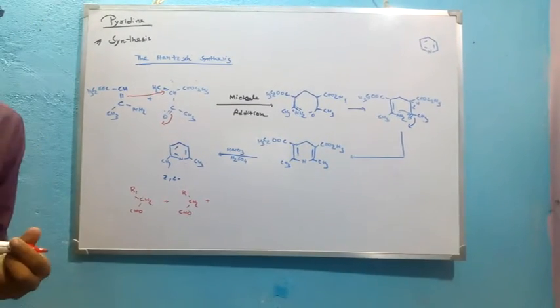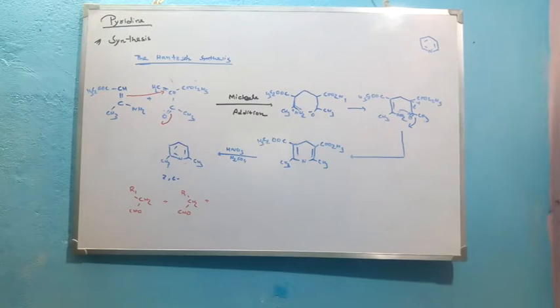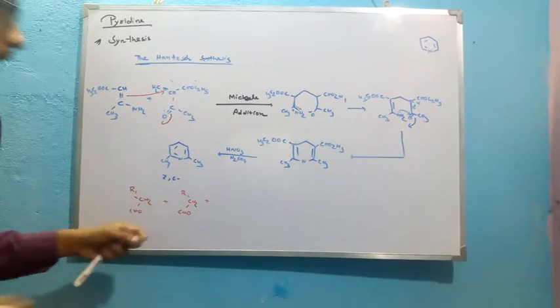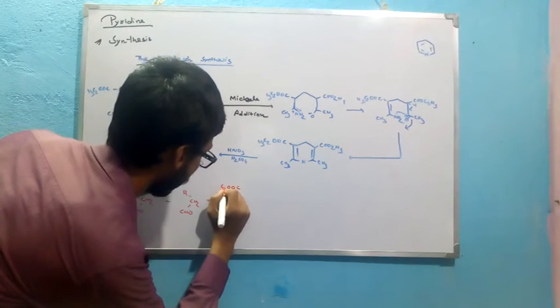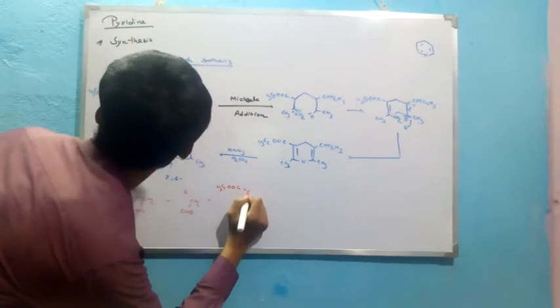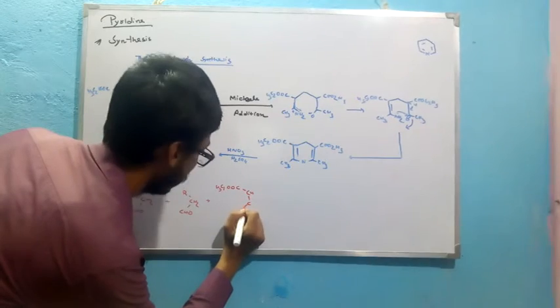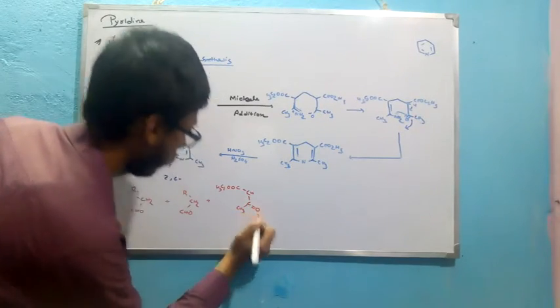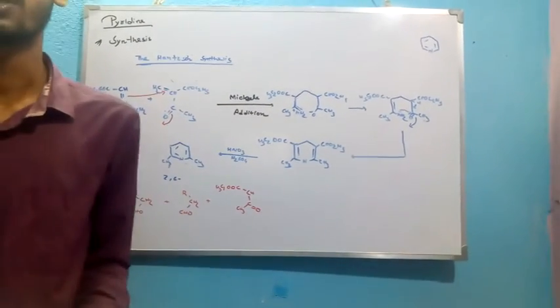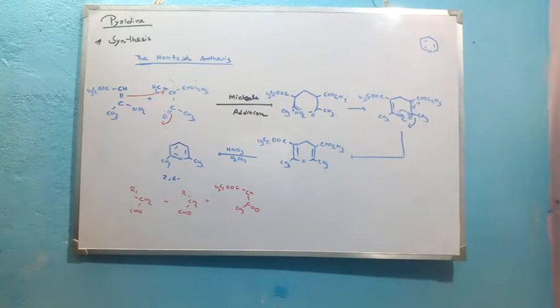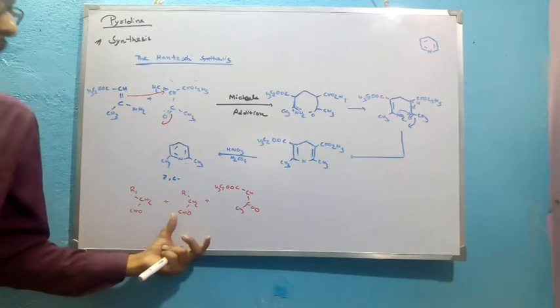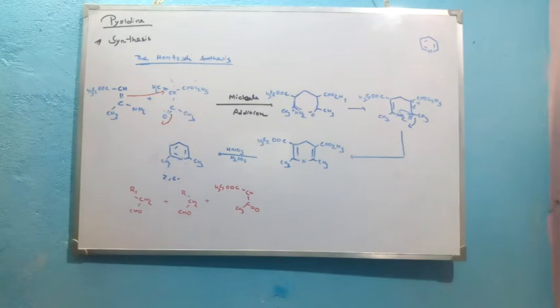Okay, so only 1 molecule of ethyl acetoacetate, COOC2H5, CH3, and condensation also occurs in that case, and it produces the final compound, which is the substituted pyridine.